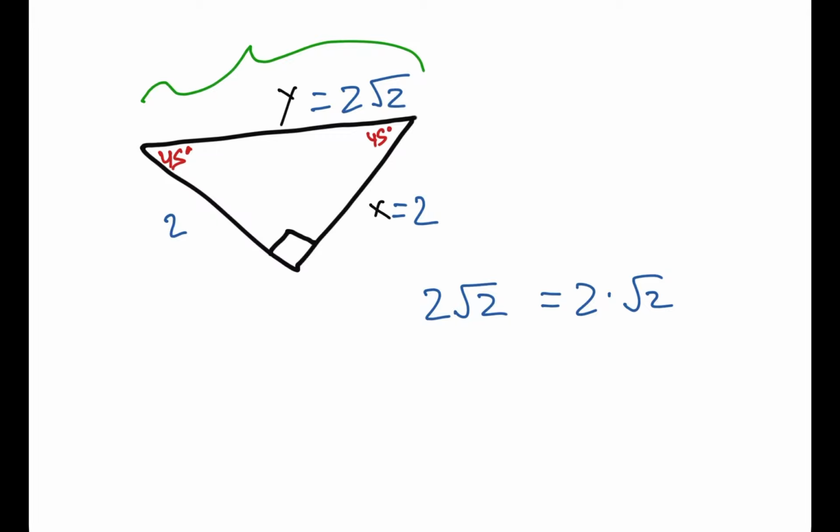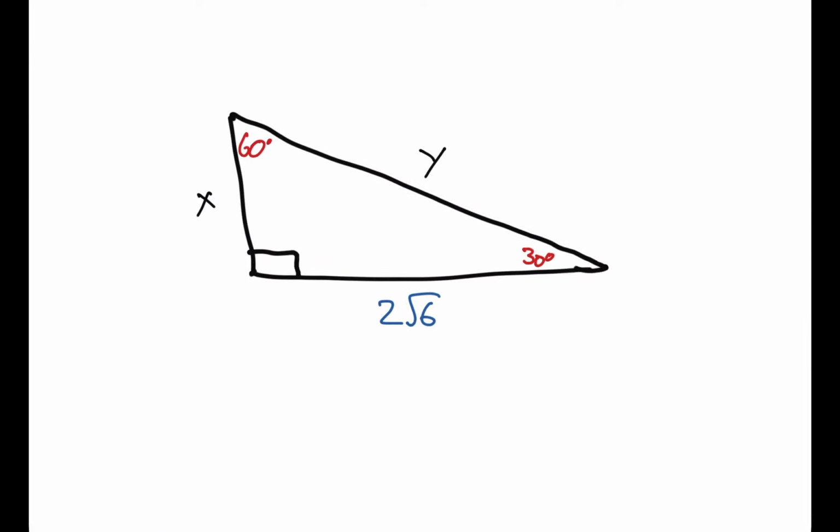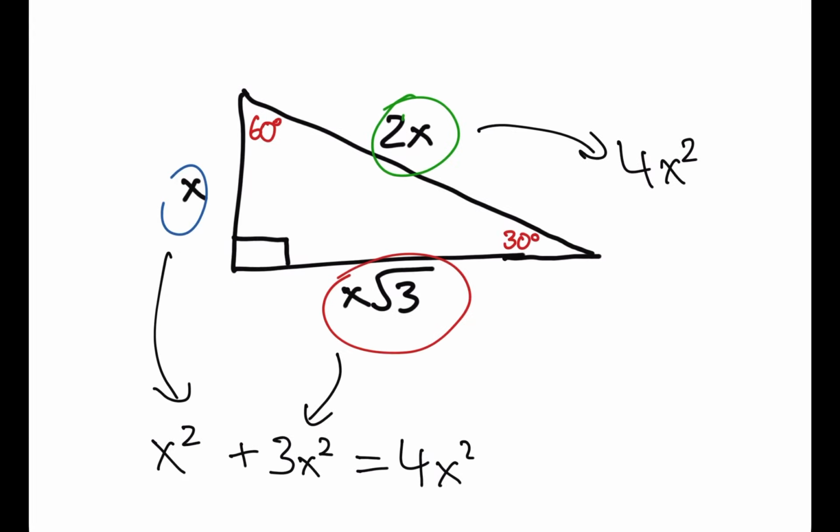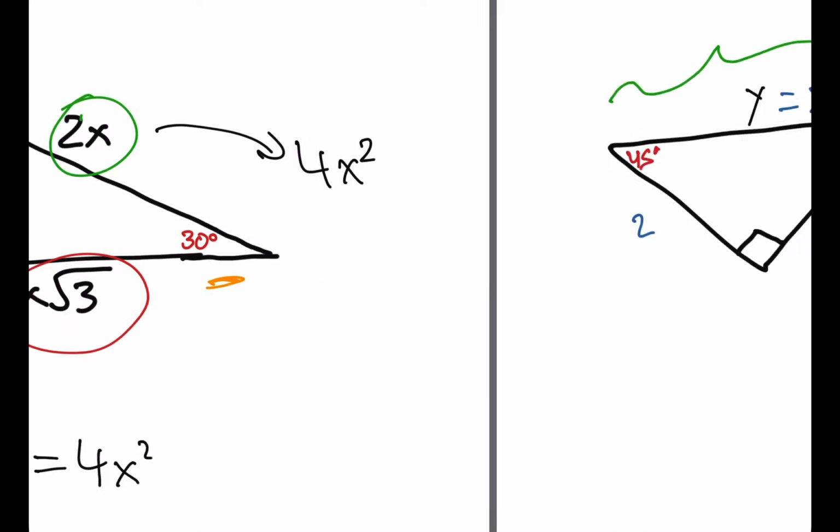Now let's take a look at a 60-30-90 problem. Over here, we're given a slightly more challenging problem, and we're supposed to find x, which is the other leg, and y, the hypotenuse. If you look back, we can see that this leg down here is root 3 times the shorter leg on the left. So we can apply that over here.